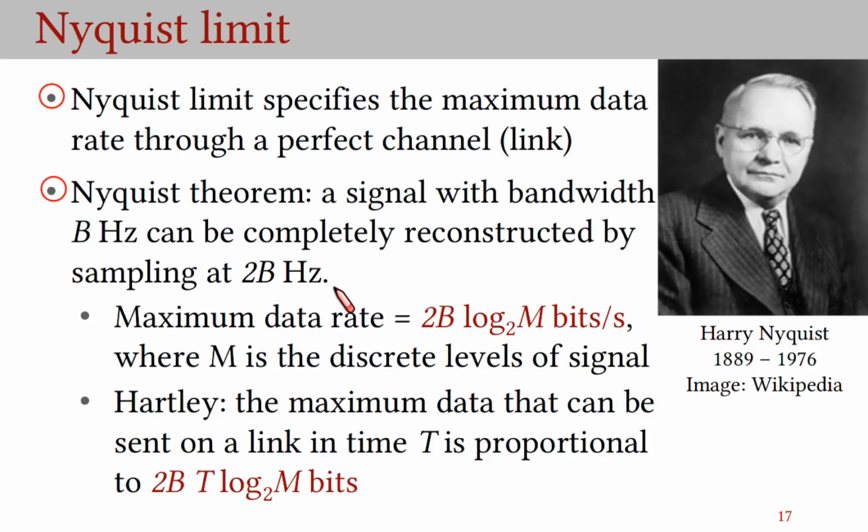This means that a binary signal cannot be sent through the channel at more than 2B bits per second. In general, for M-level signals, the maximum data rate is given by 2B log base 2 of M bits per second, where M is the discrete levels of the signal.